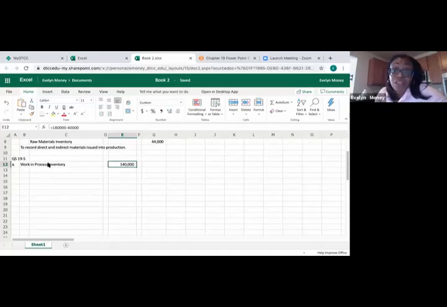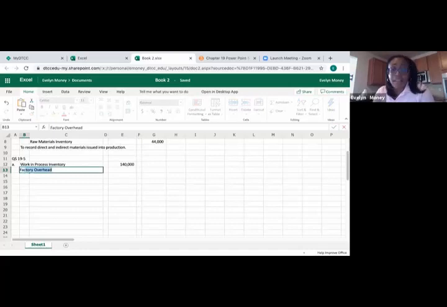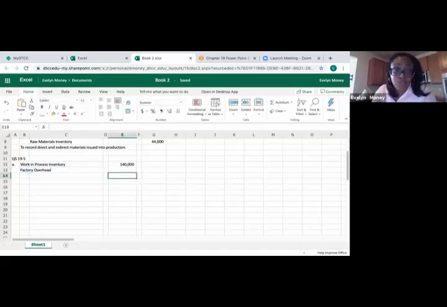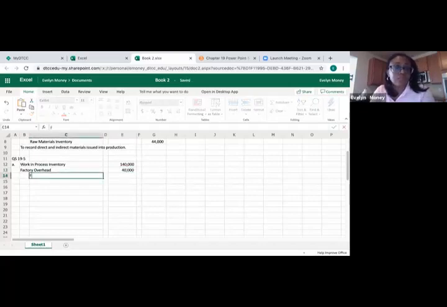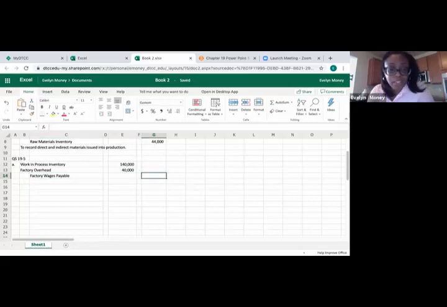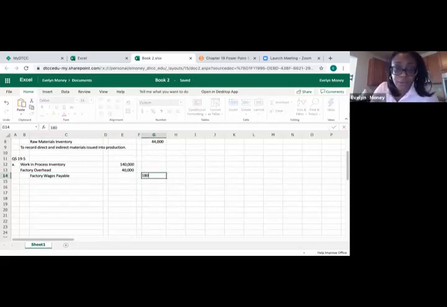But they gave me the total, so I can subtract to find the direct labor portion. The indirect labor will be debited to factory overhead. And my credit can be factory wages payable or salaries and wages payable. Either one of those is acceptable.